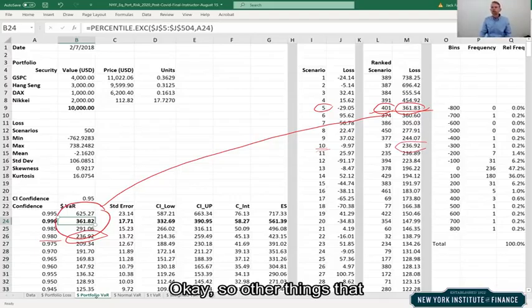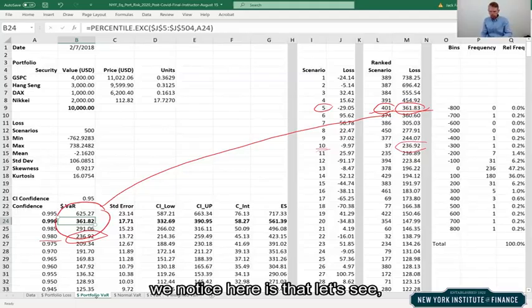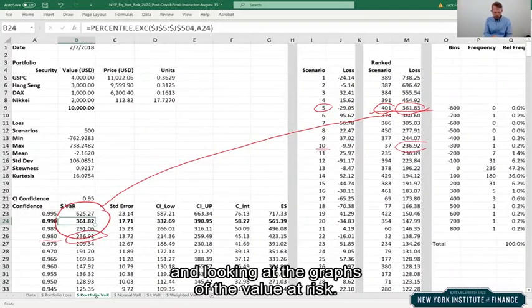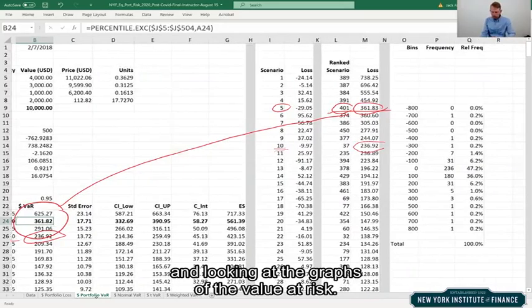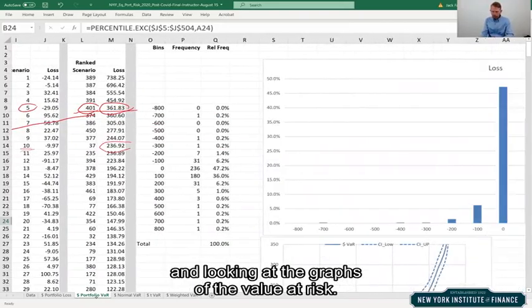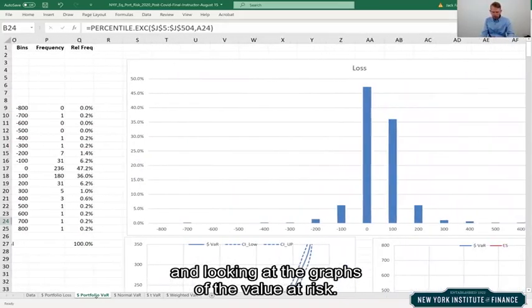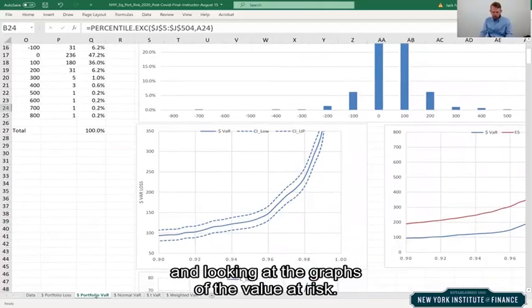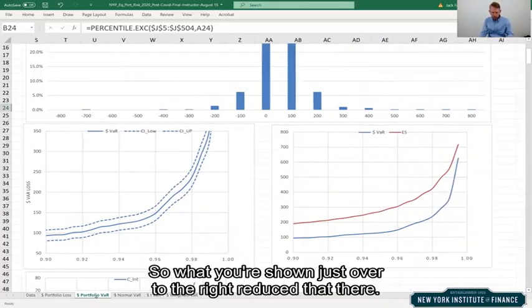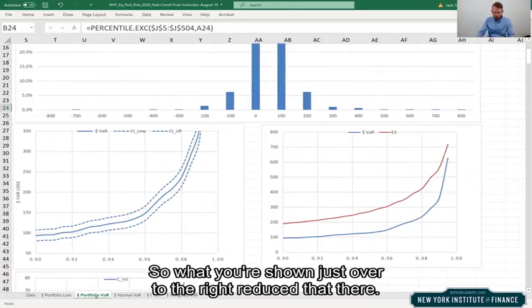Okay, so other things that we notice here is that, let's see, looking at the graphs of the value at risk, which are shown just over to the right.